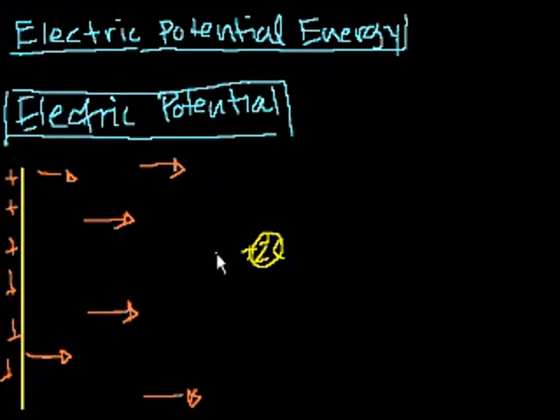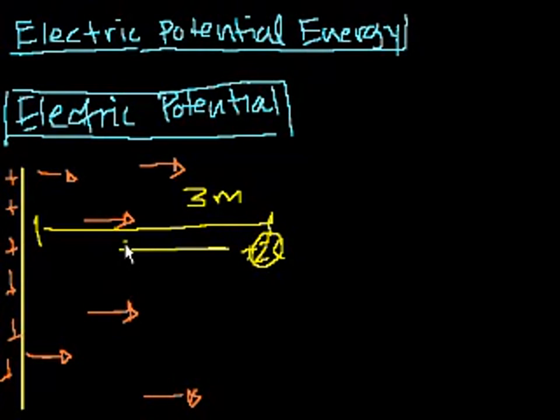A positive 2 coulomb charge, and let's say it starts off at 3 meters away, and I want to bring it in 2 meters, so it's 1 meter away. So what is the electric or electrical potential energy difference between the particle at this point and at this point?